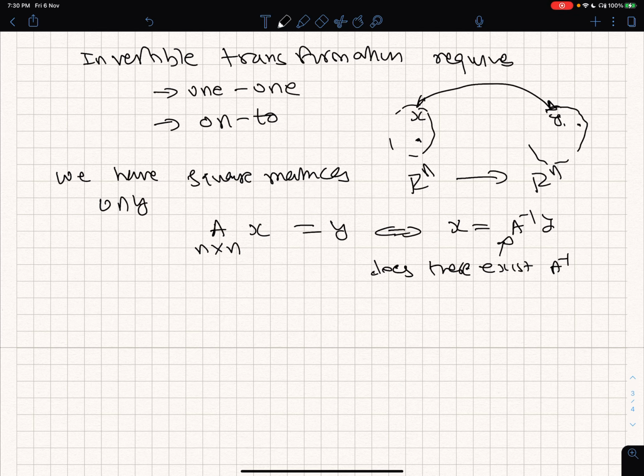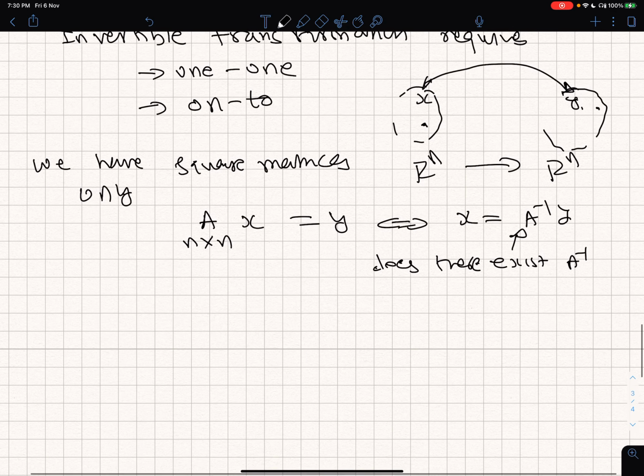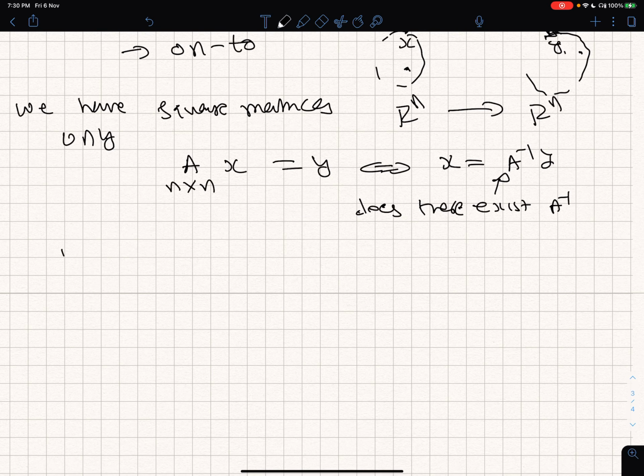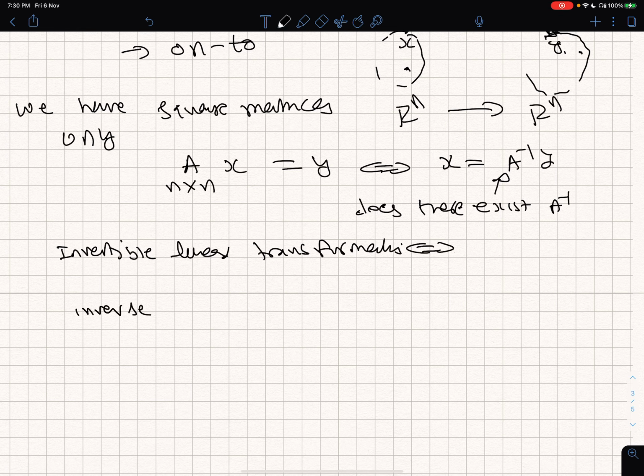This is the question that we are asking. So in our discussion, invertible linear transformations imply an inverse of matrix A, which of course has to be an n cross n matrix.